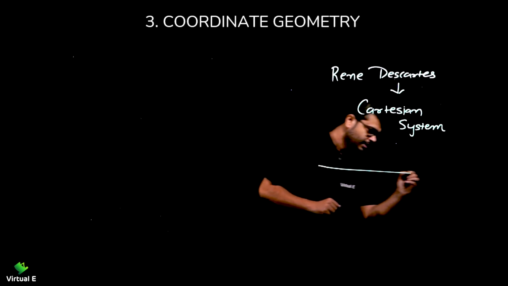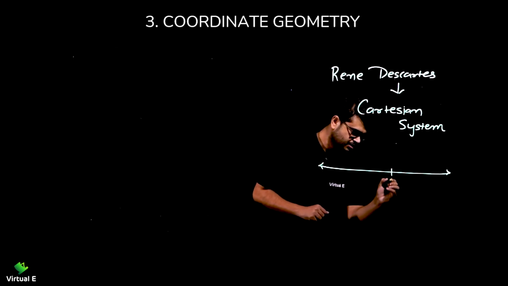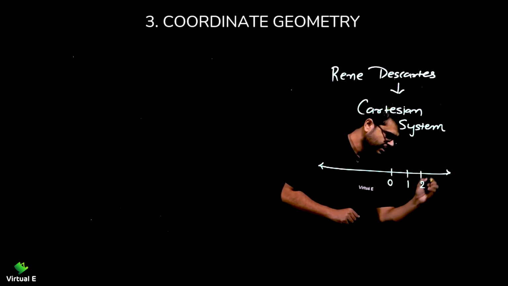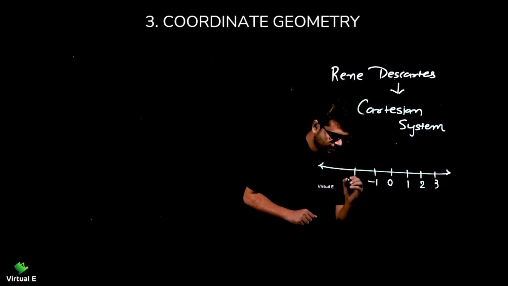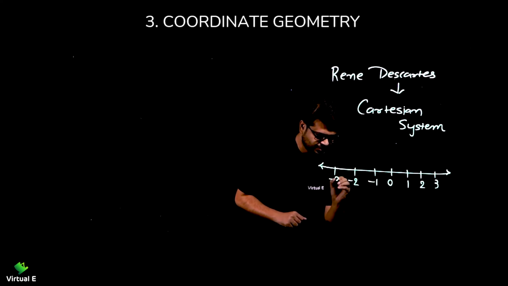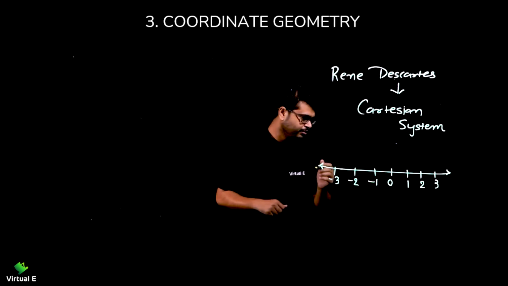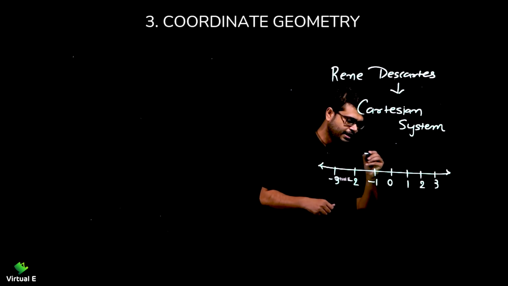In grade 8, you learned about the number line, right? You start from 0, then you go over here as the positive side, then finally on the left hand side you go as the negative numbers. We know about this. You can move in either the left or right direction.